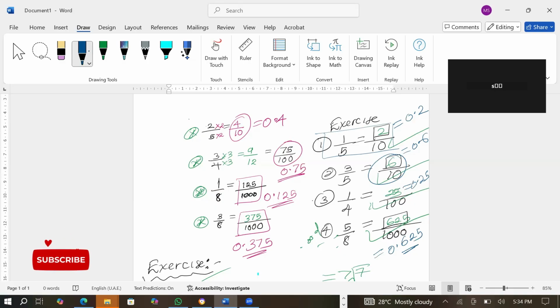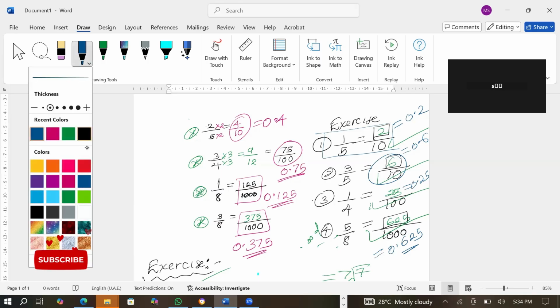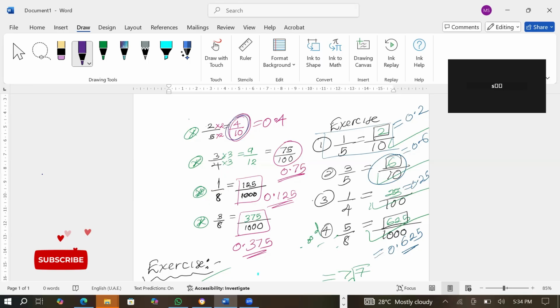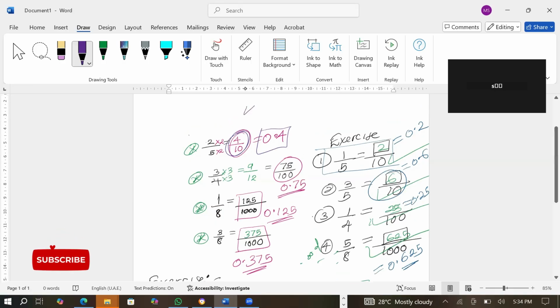Okay, now how to represent the same as a percentage? Can you remember? How to represent this as a percentage? Or this as a percentage? Percentage means a fraction with denominator 100. So the equivalent fraction for this is 40 over 100. That means 40%.